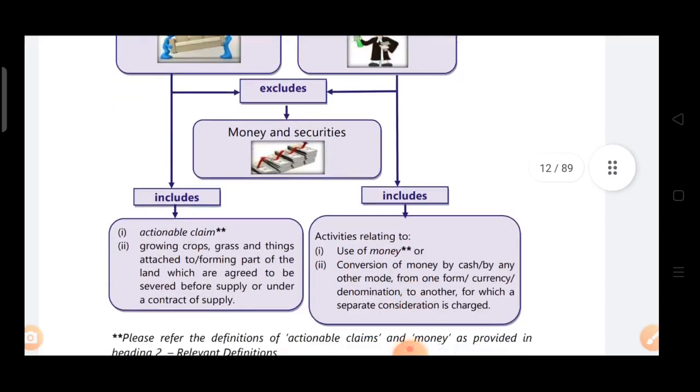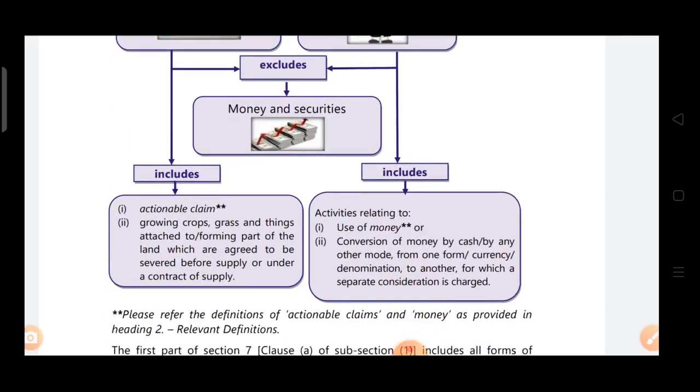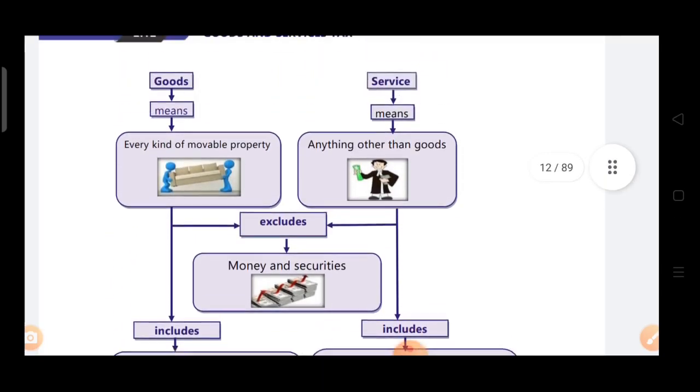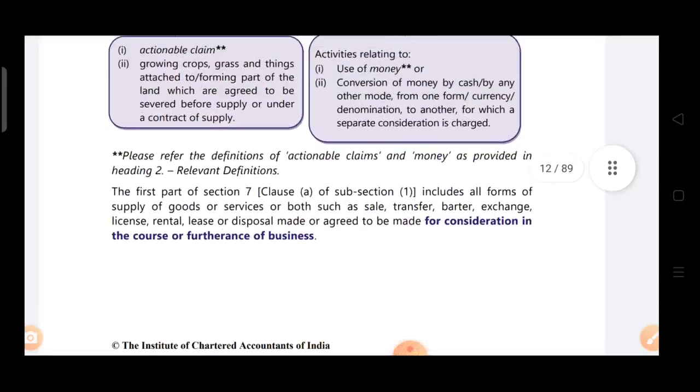And service includes activities relating to use of money or conversion of money by cash or any other mode from one form or currency denomination to another for which a separate consideration is charged. This entire goods and service definition they have given in chart form.